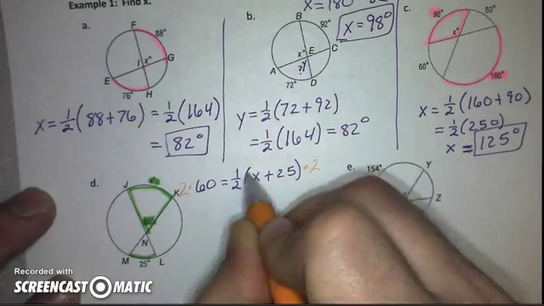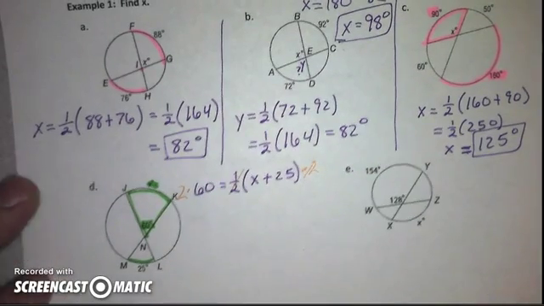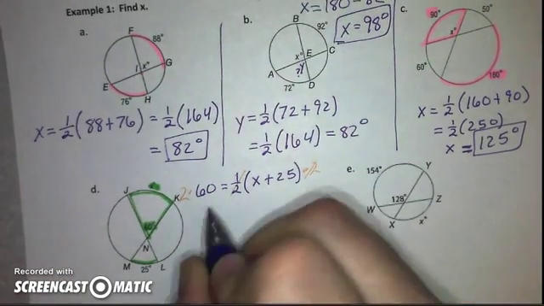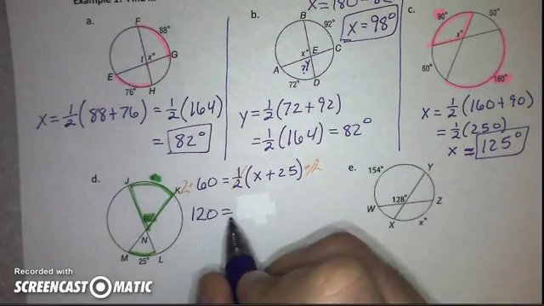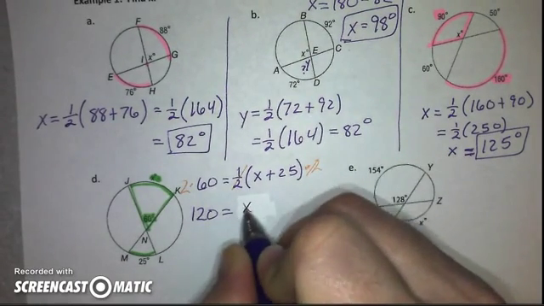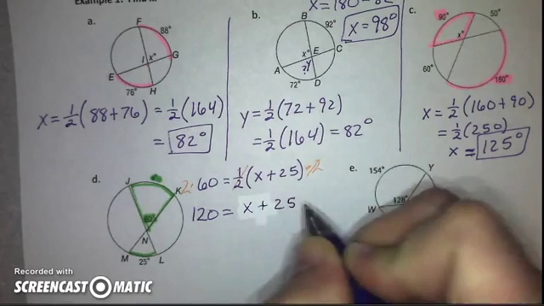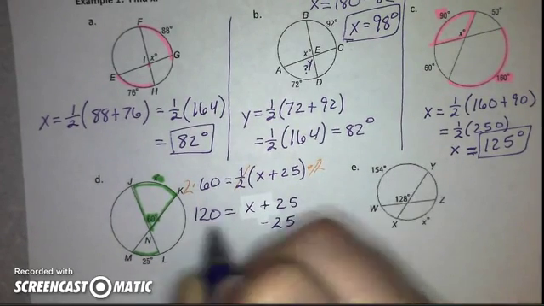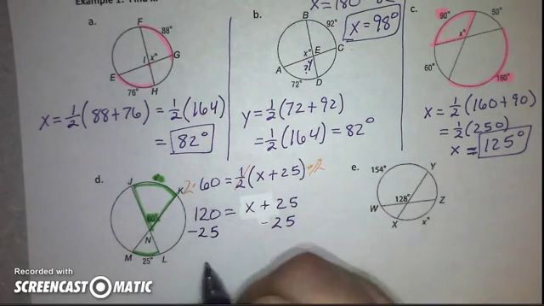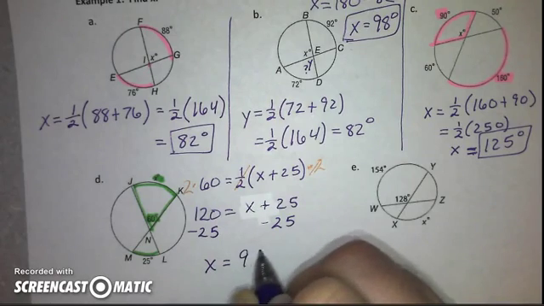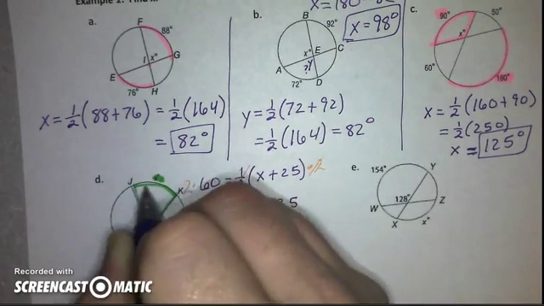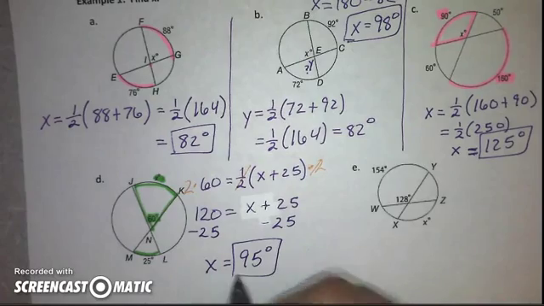Because on this side of the equal sign, multiplying by 2 cancels out that fraction. So we now have 120 equals x plus 25. And all we have to do is subtract 25 from both sides, and we get that the value of x is 95 degrees, and that's an arc measure, so that arc measures 95 degrees.